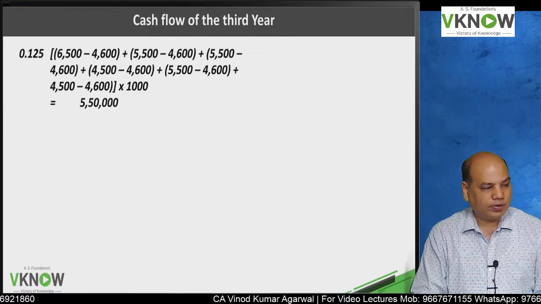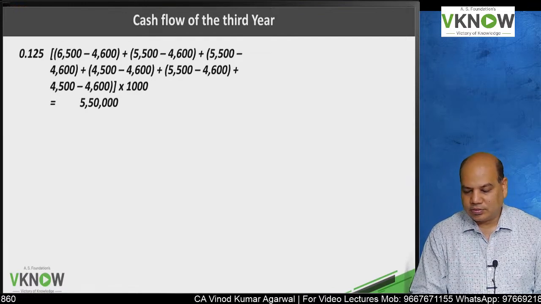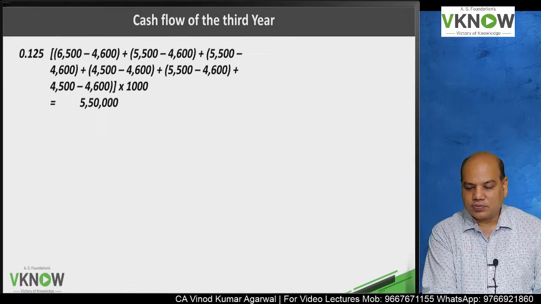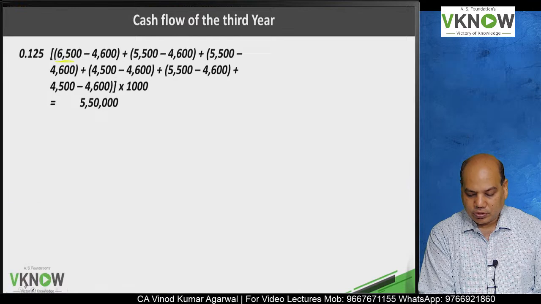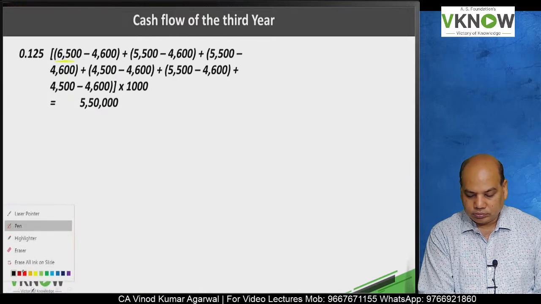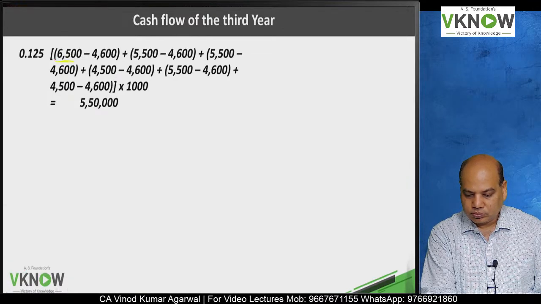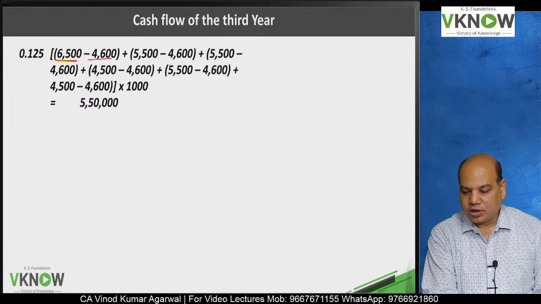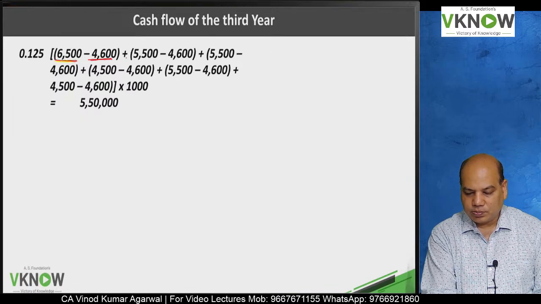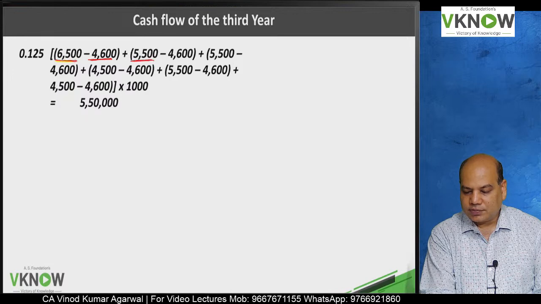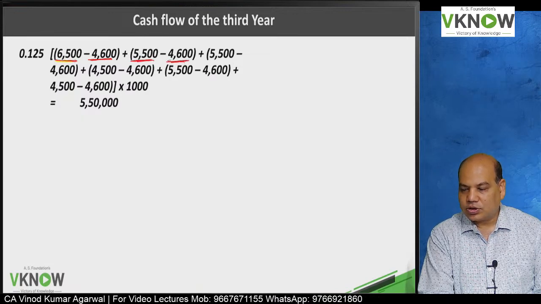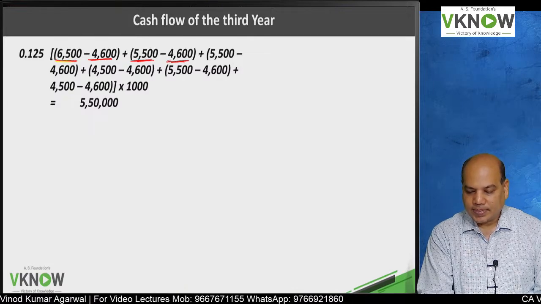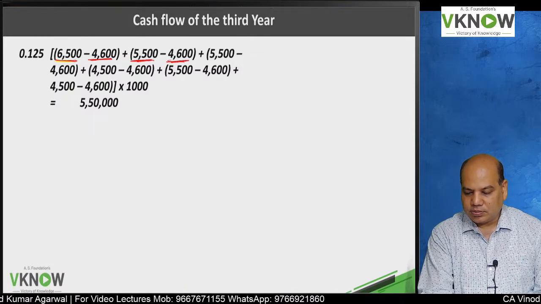So 0.125 into bracket, if the price is 6500, my profit will be 6500 minus 4600, plus, if the price is 5500 and extraction cost is 4600, my profit will be this number.